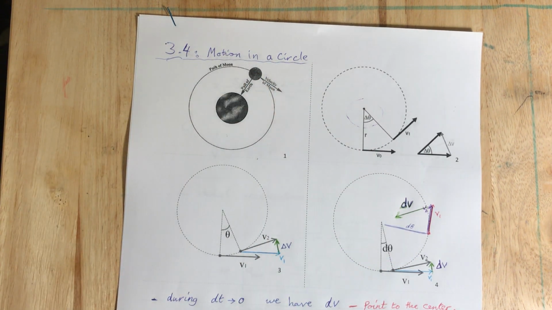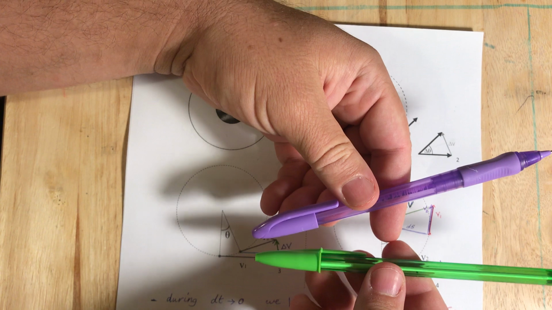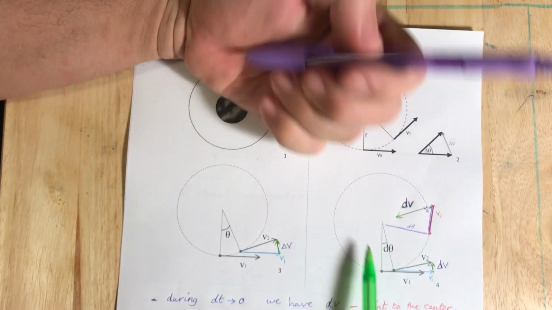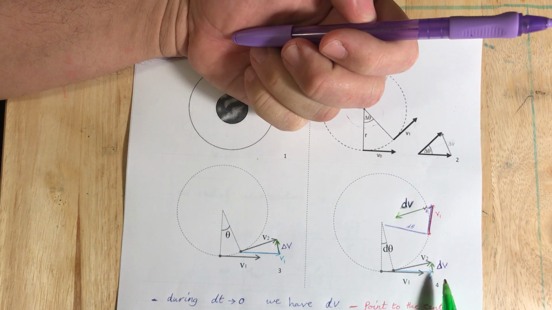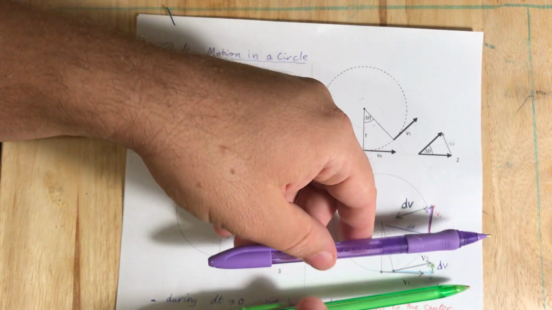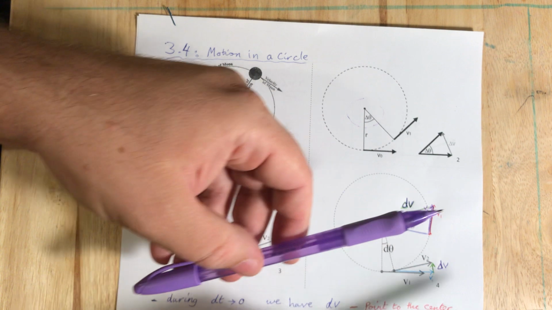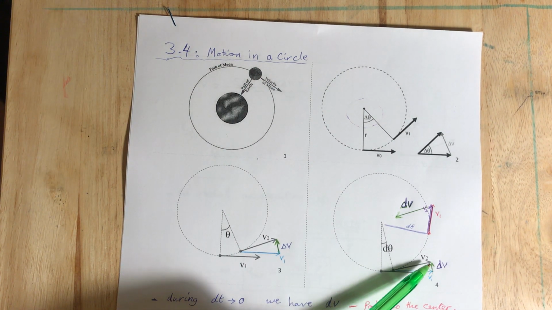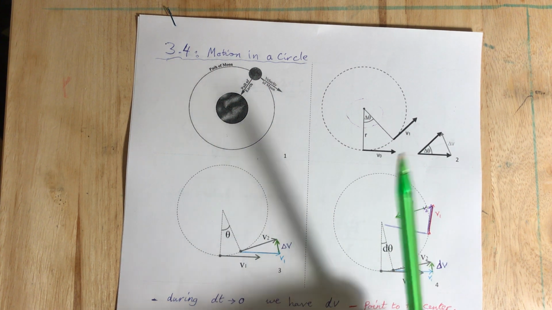What if we take dt, not delta t, and d theta, after a short time? Then the two vectors v1 and v2 will be almost the same, and the direction of the change in velocity will point to the center of that circle.